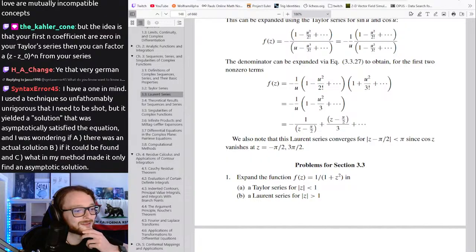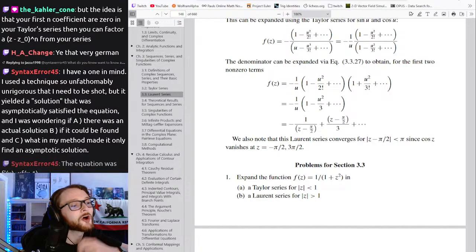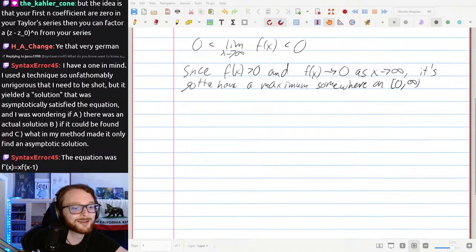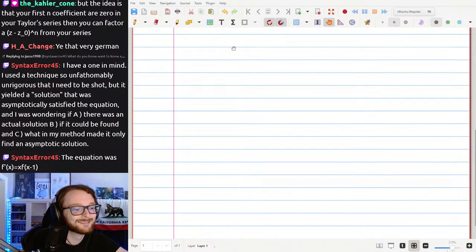The idea is that your first n coefficients are 0 in your Taylor series. You can factor... Huh. Oh, okay. Interesting. What is that syntax? Oh, well, that's terrible syntax. Why would you want to do that?